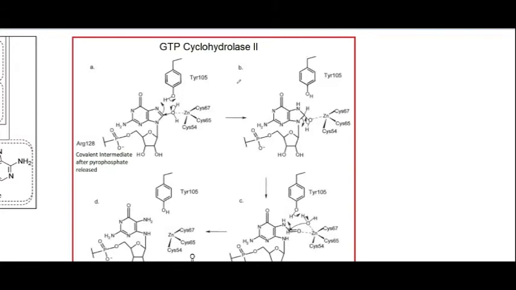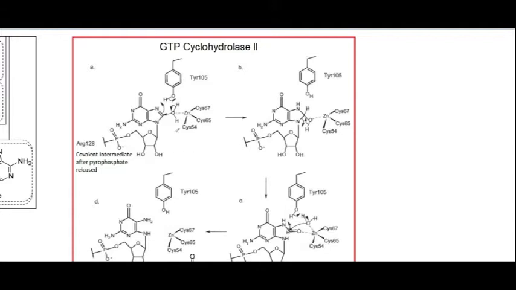And humans actually make that, which is why we don't need it as a vitamin. But anyway, the reason we don't need that in our diet is because we actually make it, but we do need riboflavin in our diet. So this GTP cyclohydrolase 2 is the first step in making riboflavin.